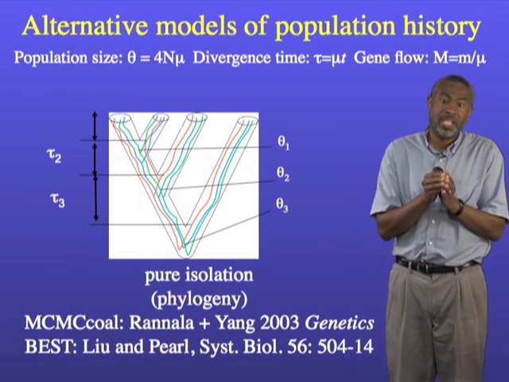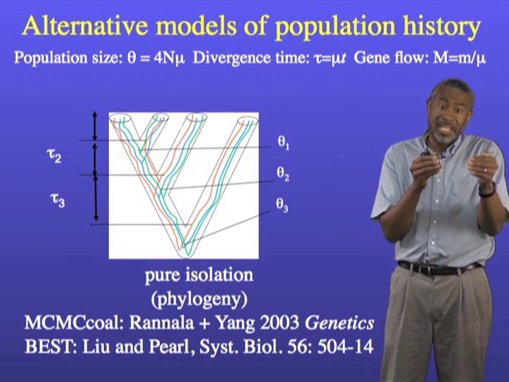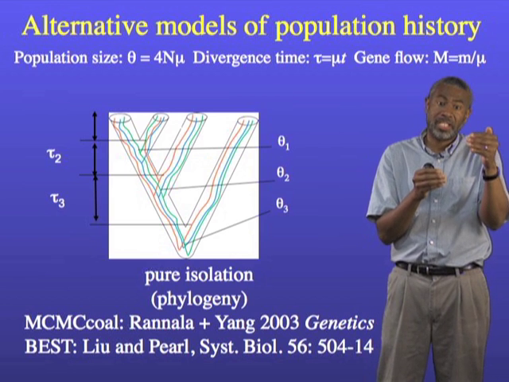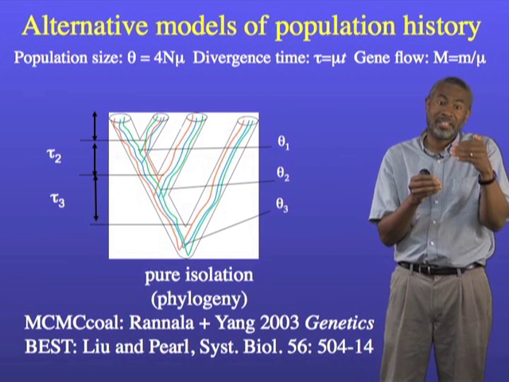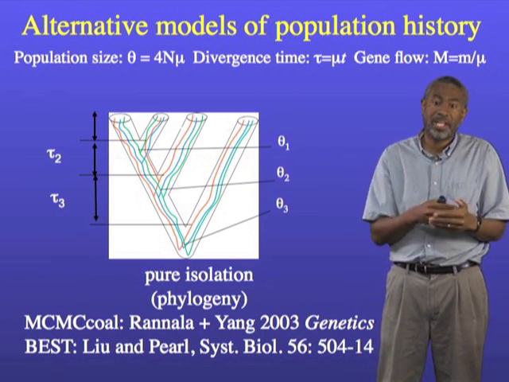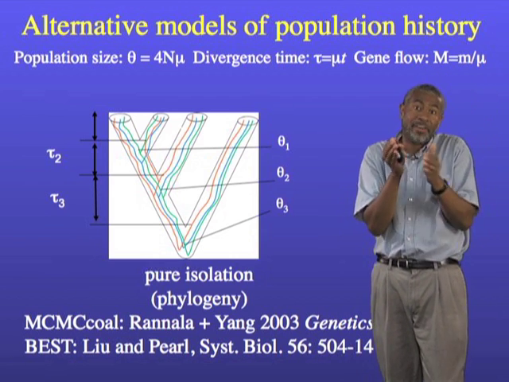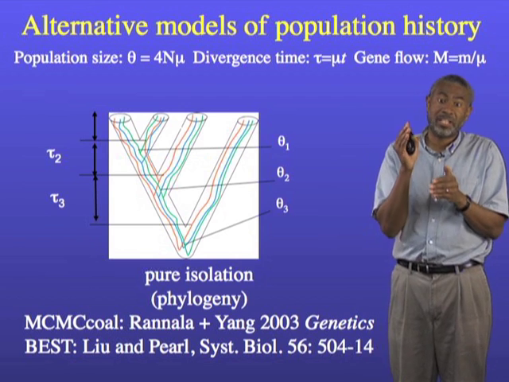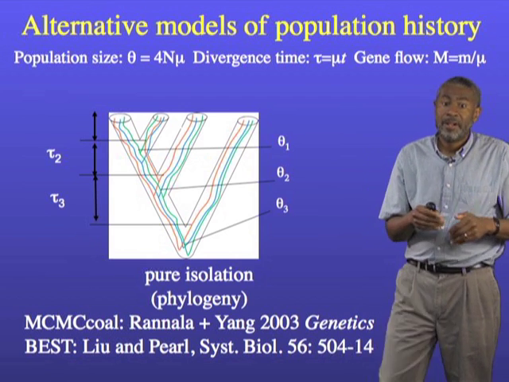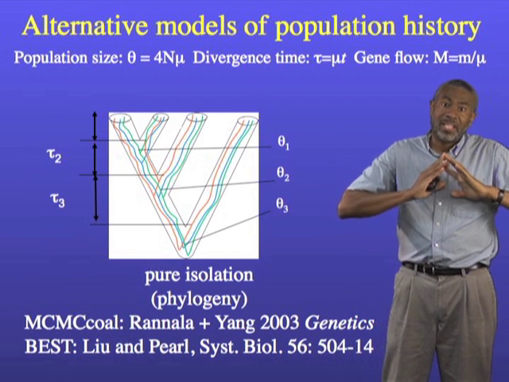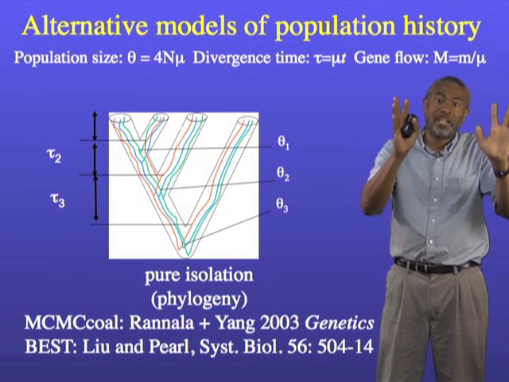And you can see that these populations are splitting at various times. Those are the taus on the left side of the slide, 2 and 3. You can also see the sizes of the ancestral populations. You can see the theta, 1, 2, and 3. All of these are describing the history of the splitting of these lineages.